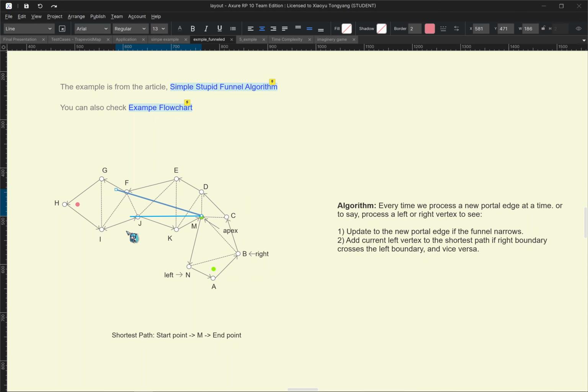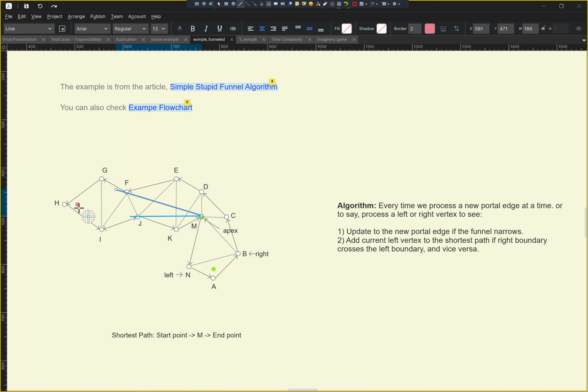But as you can see, the next updates, either from J to I or from F to G, are invalid because the funnel becomes larger, so we don't update. At this point, we don't have other vertices to process, so we're done with our algorithm.